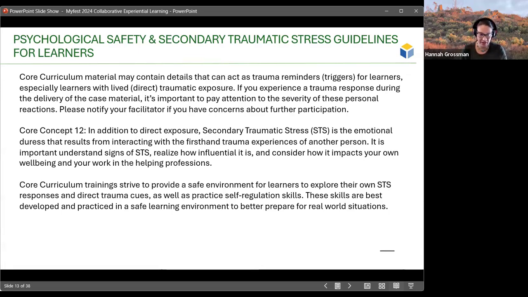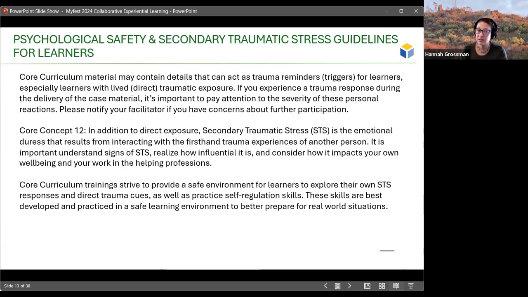Core curriculum trainings strive to provide a safe environment for learners to explore their own STS responses and direct trauma cues, as well as practice self-regulation skills. These skills are best developed and practiced in a safe learning environment to better prepare for real-world situations.